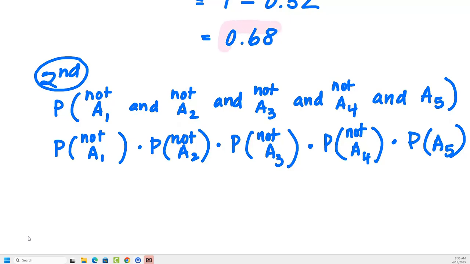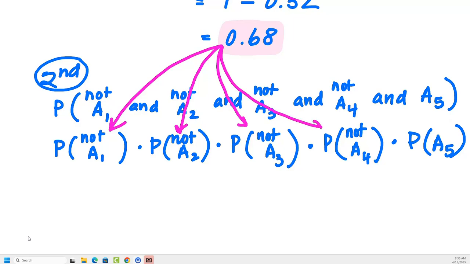So I'm going to take that probability of not A and stick that into all of these locations.